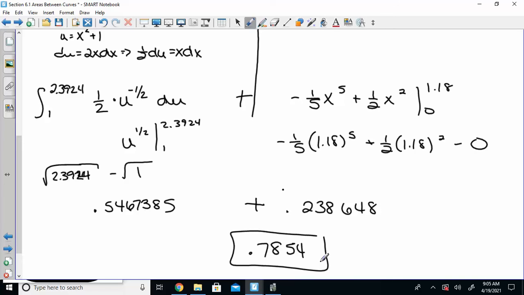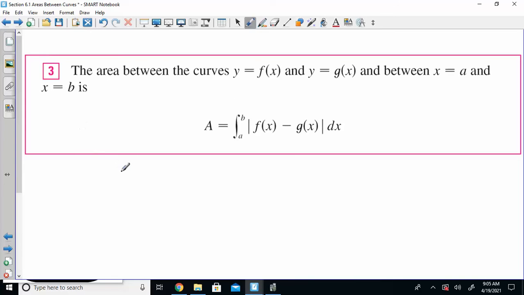The next thing your book mentions is really what we've already talked about. We've set everyone up so it turned out to be positive, but really if you wanted, you could subtract those in any order as long as you do the absolute value of it. Just recognize that the area between those two curves has to be positive. So if you did ever get your negative, you could throw those absolute values on there and get the correct answer from that.